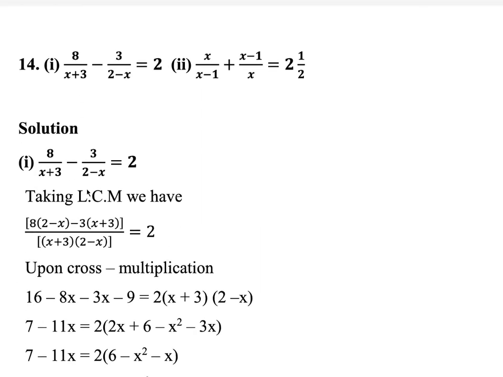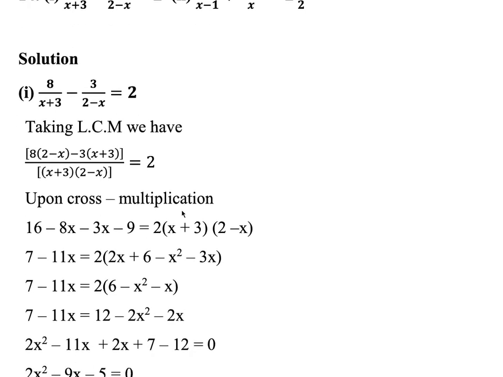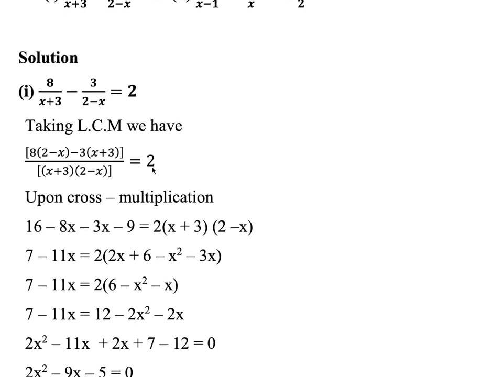Come to the next problem. Here 8 divided by x plus 3 minus 3 divided by 2 minus x is equal to 2. So taking LCM, we have x into (x plus 3) into (2 minus x) in the denominator part, and in the upper part, the numerator part, will be like this, is equal to 2.